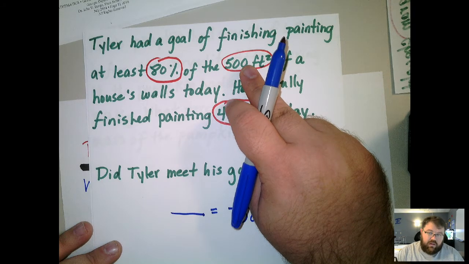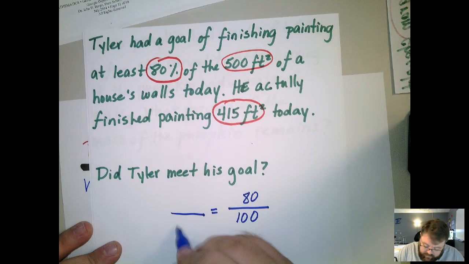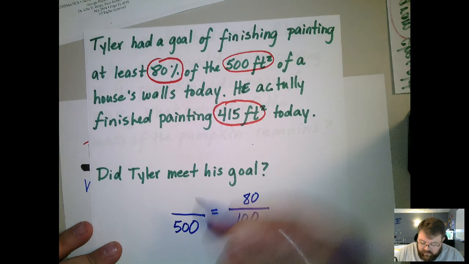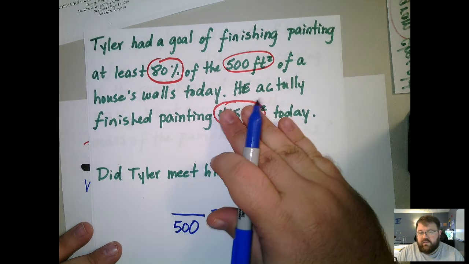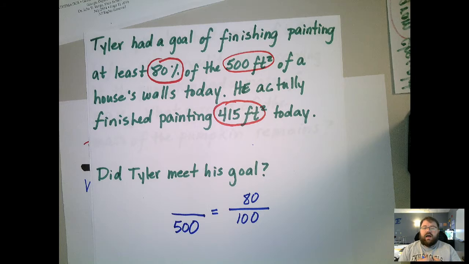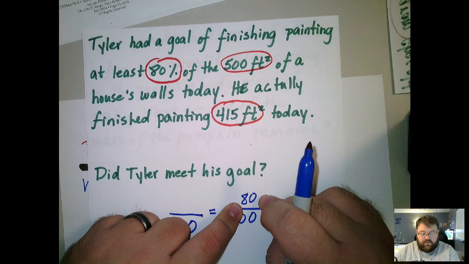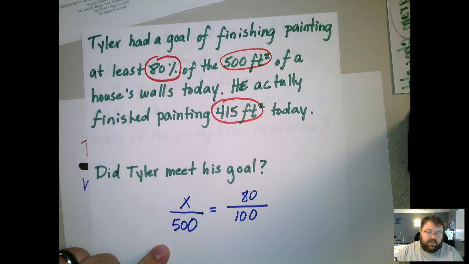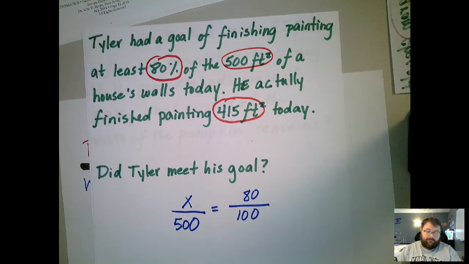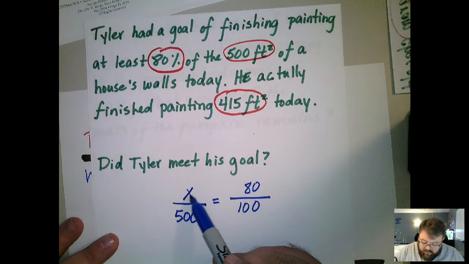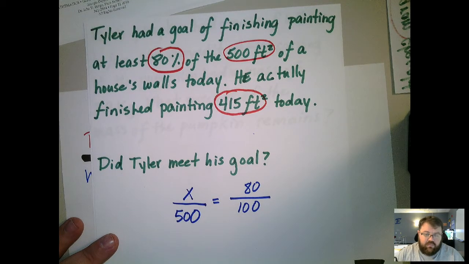And so it would represent the whole house. So it would go here. Now for the 415, I'm going to leave that out because that's what he actually did. His goal is 80%. So I want to figure out, did he meet his goal? All right. So I'm going to make this my missing value.